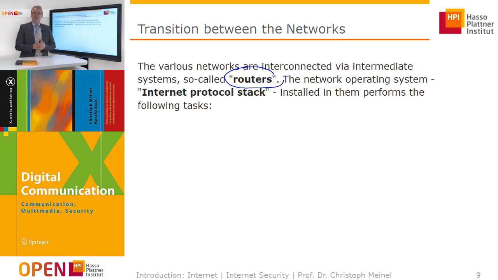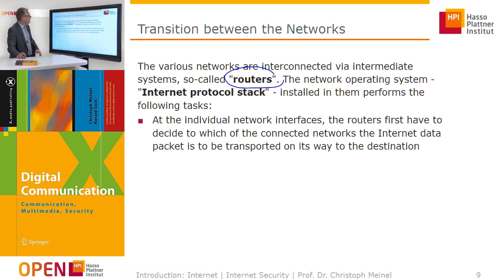All this work is done by the network operating system, the so-called Internet Protocol Stack, that is installed on each of the routers. So at the individual network interface, the router first has to decide to which of the connected networks the internet data package has to be sent to reach its destination.